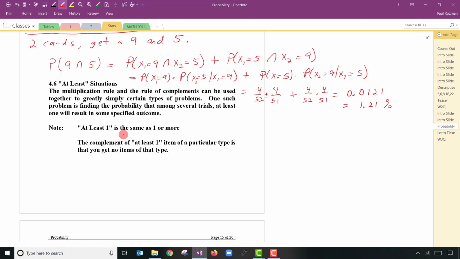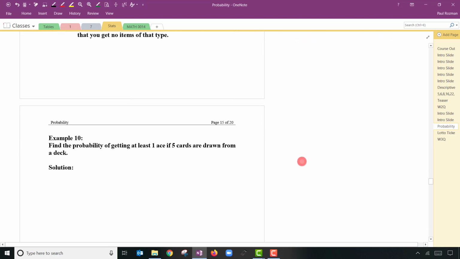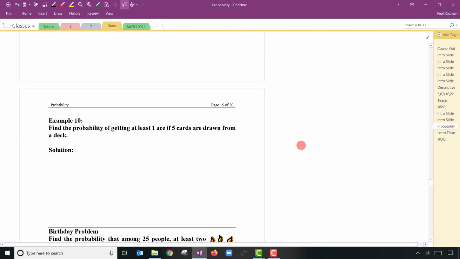So it's a lot easier to calculate that than try to find the probability of 1 or 2 or 3 or 4 successes and then add all those together. Here's a little example. Find the probability of getting at least one ace if you are given 5 cards.